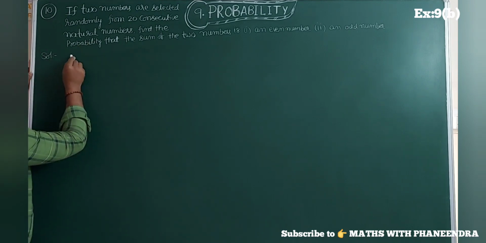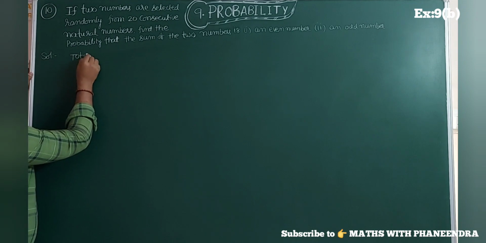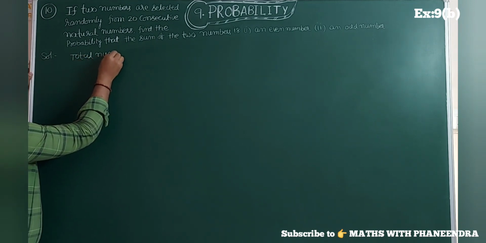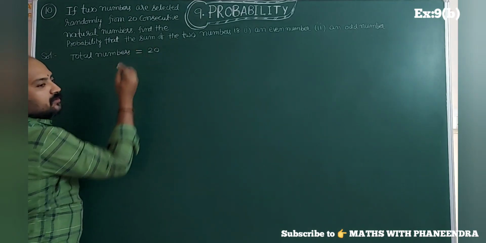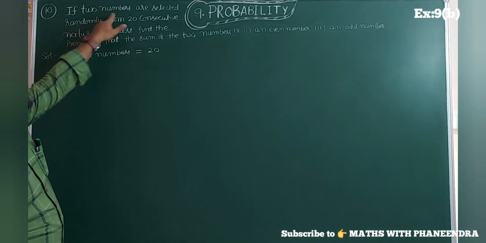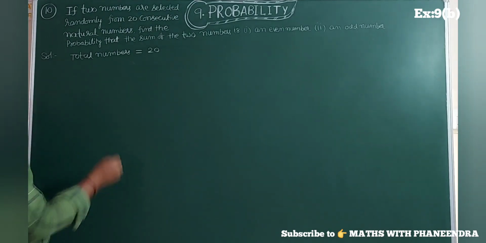So first, dear students, you remember how many numbers are there here? Total numbers, 20. Out of 20, how many numbers are we going to select? Two numbers.